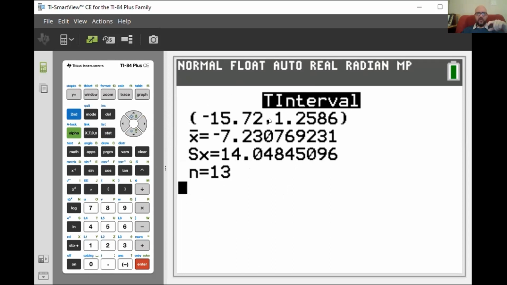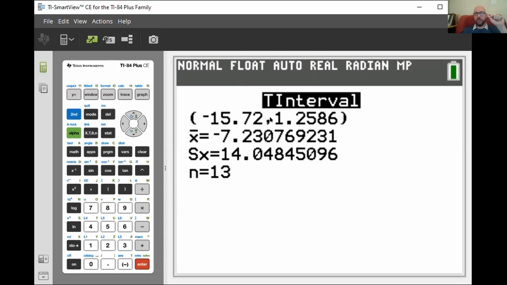If 0 is a reasonable value for mu, why did we reject the null hypothesis before? And the answer is that 95% confidence interval doesn't actually go with this hypothesis test that we were doing, because this interval is two-sided, but the hypothesis test was one-sided.